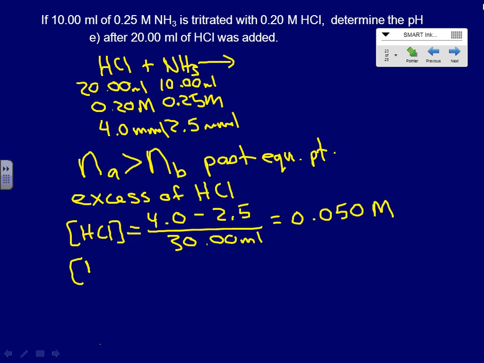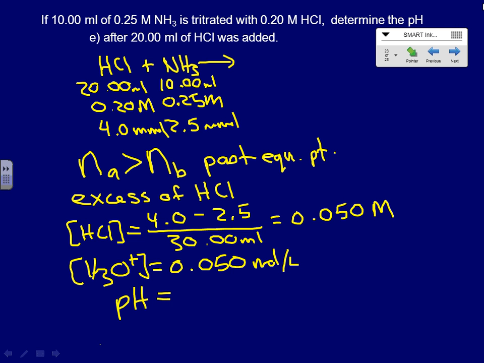And that means the H3O+, because it's a strong acid, is also 0.050 moles per liter. And if I know the H3O+, I can take the negative log and I can easily get the pH, which is 1.30. All right.